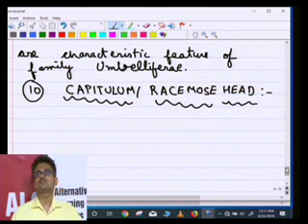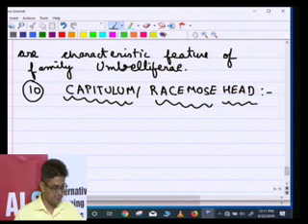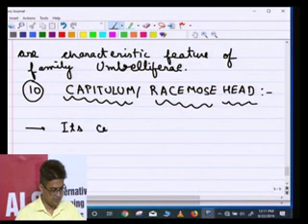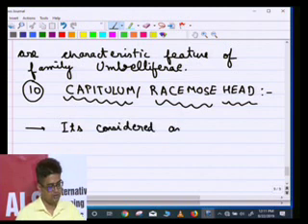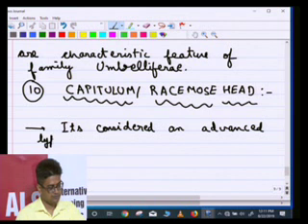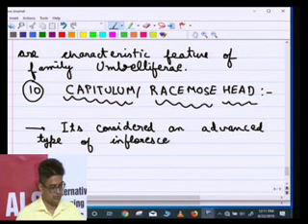Okay, it's a characteristic feature of the sunflower family, Asteraceae. Please remember it. It's considered an advanced type of inflorescence.